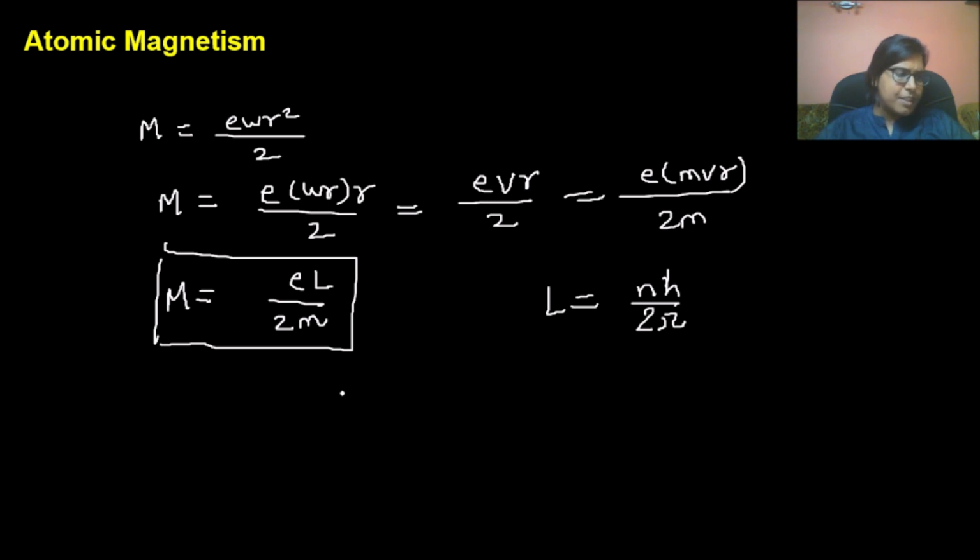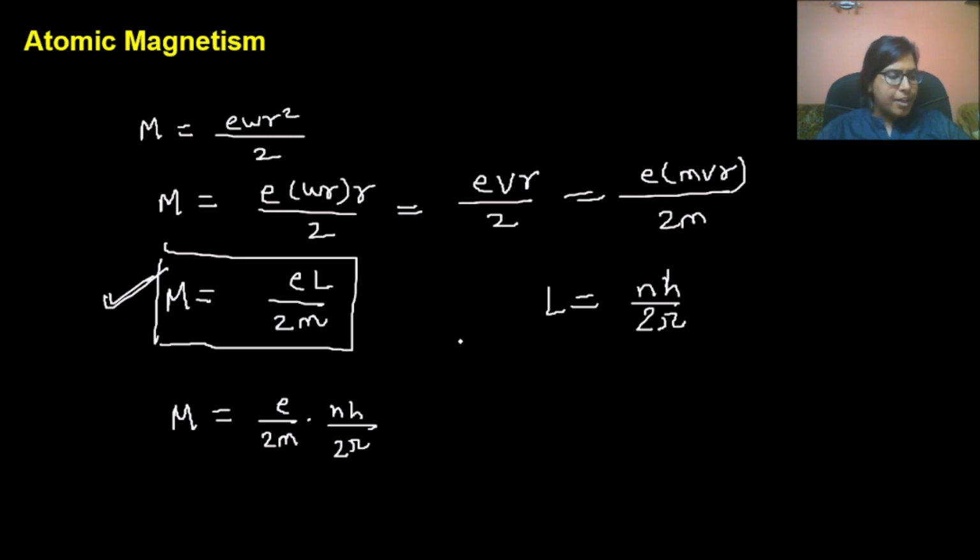So further if we simplify this, then M will be e upon 2m, n h upon 2 pi, right? So this will be the equation of magnetic dipole and Bohr magneton.